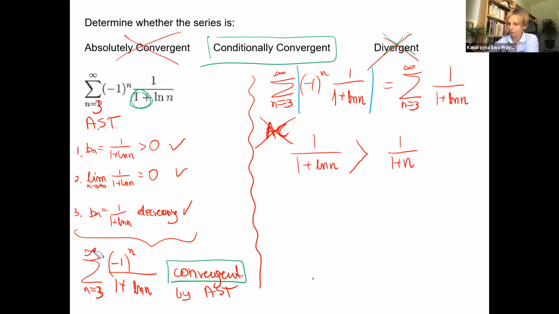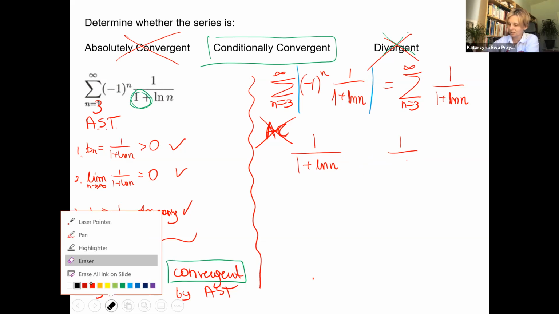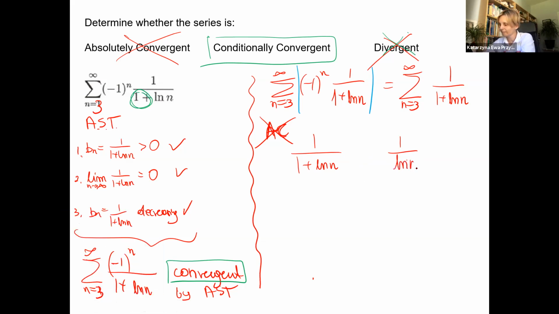But when we put ln of n, if the denominator is bigger, the whole fraction is smaller. And I don't think we like this inequality, this direction. Yeah, we will not like it. I only replace n with 1 plus n, the denominator is greater, the whole fraction is smaller.